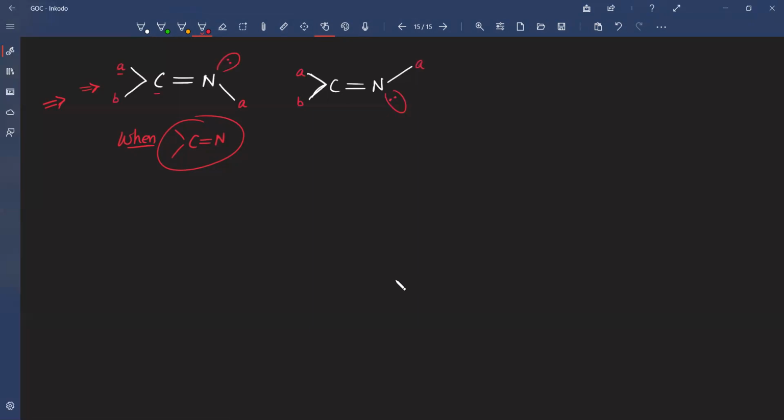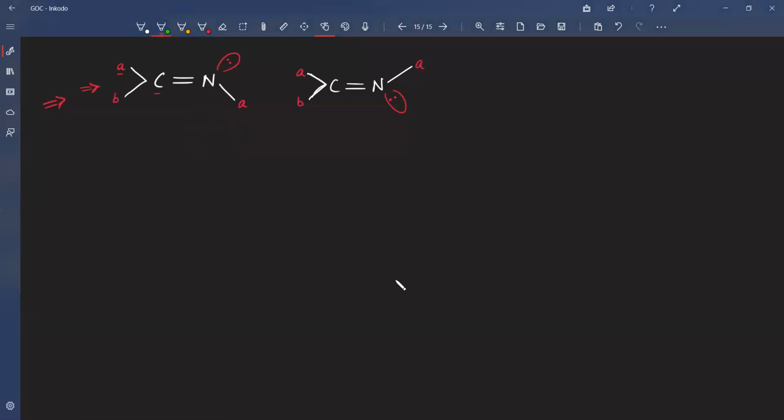So what we are going to do here is have a simple convention first. Before going to see how these carbon double bond nitrogen compounds are formed, let's give a name for this.